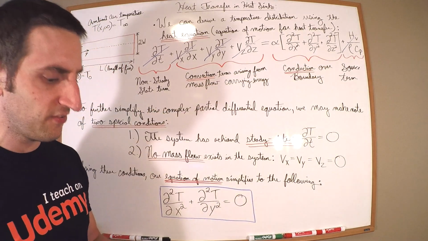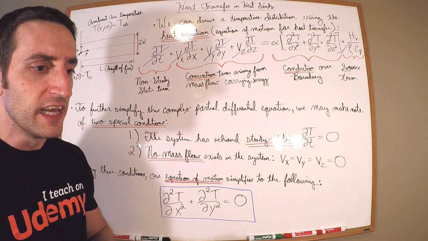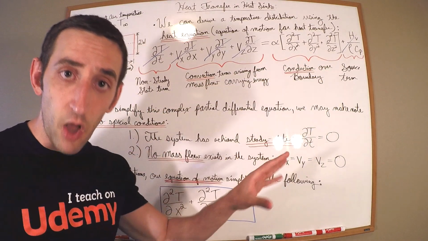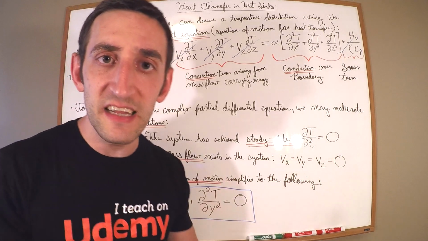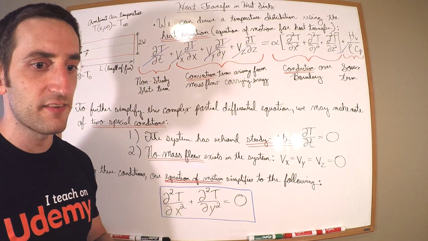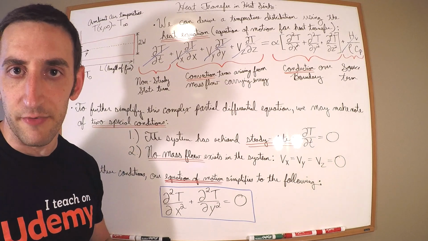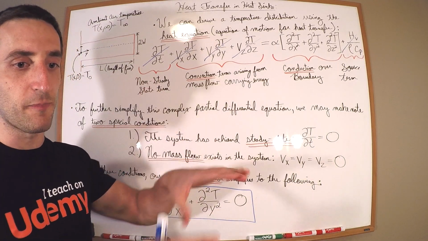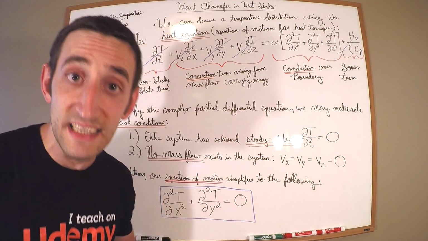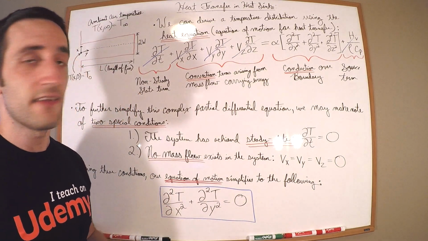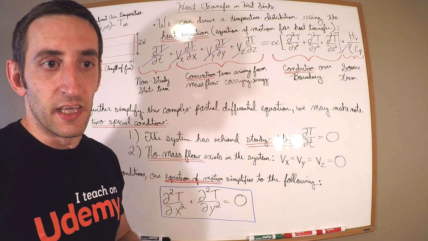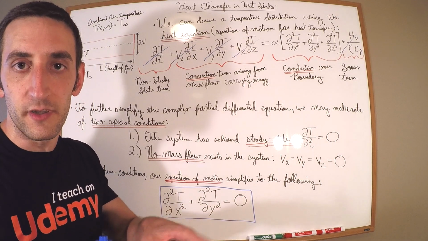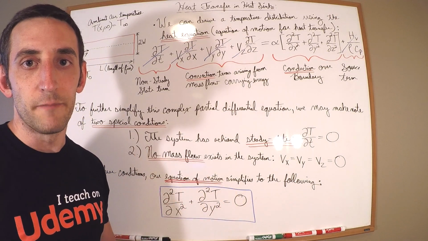The final simplification we're going to use is we're going to assume the fin is very long in the z direction, infinitely long. So in that case, we're not going to have any heat transfer in there, okay? Just because the heat is going to spread out very quickly in this material. It's highly conductive. And as a result, you're going to have no temperature distribution. You're going to have no heat transfer.